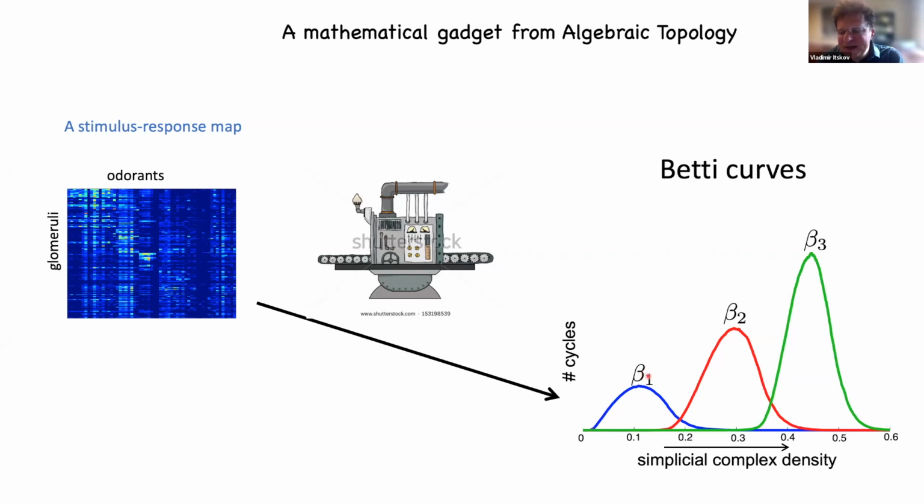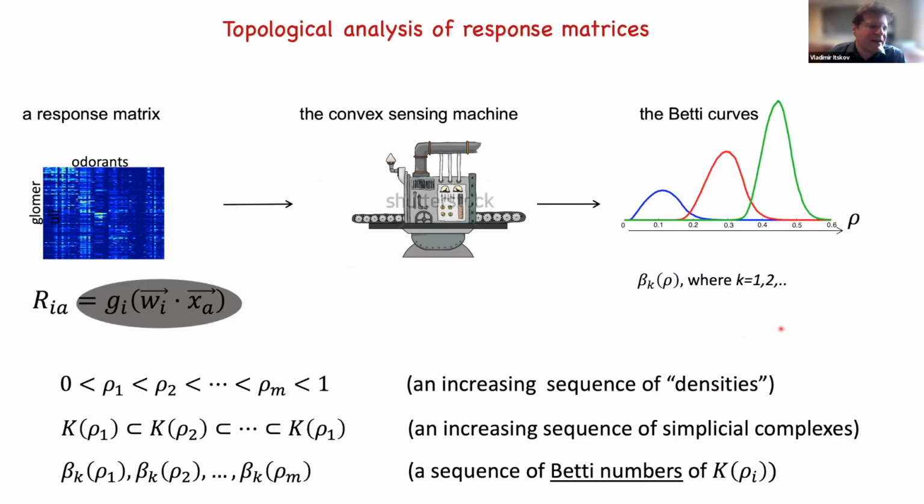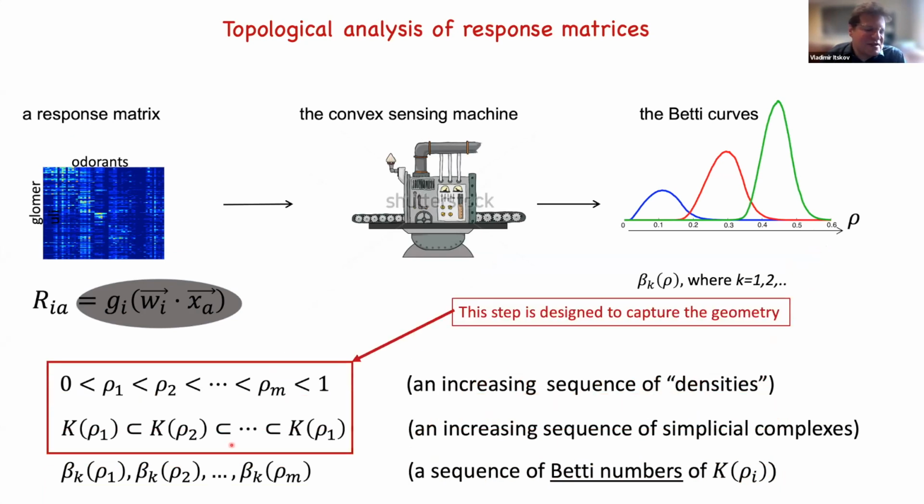So here, beta 1, beta 2, beta 3 correspond to different dimensions of space. And if the space, say, is three-dimensional, then this Betti curve should be non-zero. And the machinery is a bit more complicated.